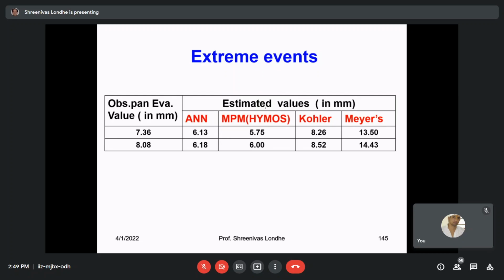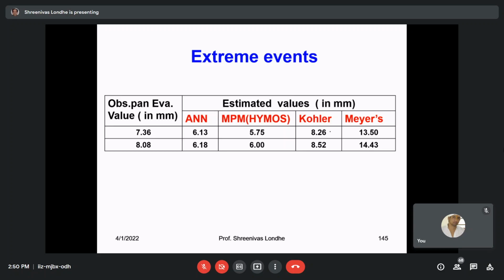So, the Maharashtra State Government office in Nasik, called Hydro Project, also calculates this pan evaporation by a mathematical model called HIMOS. And we tested this especially for the extreme events, 7.36 and 8.08, actually observed values, and see the neural network performance.